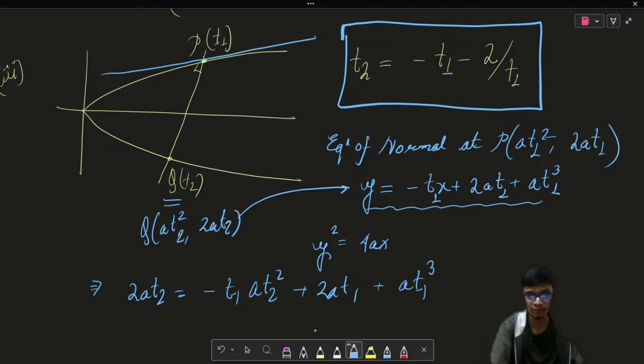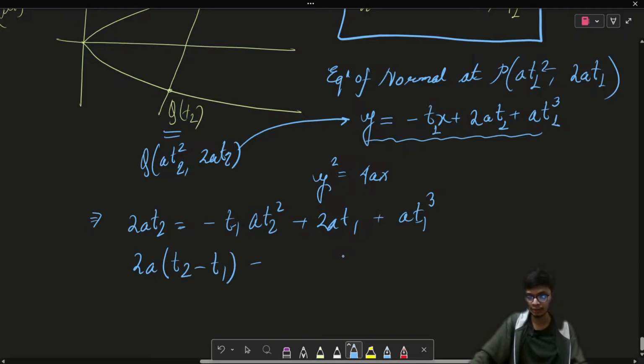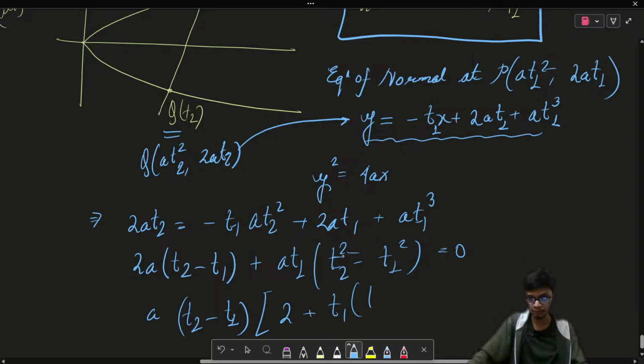Now if you simplify this expression, we get 2a times (t2 minus t1) plus a t1 times (t2 square minus t1 square) equals 0. From here I can take a and (t2 minus t1) as common, and I will get (2 plus t1 times (t2 plus t1)).